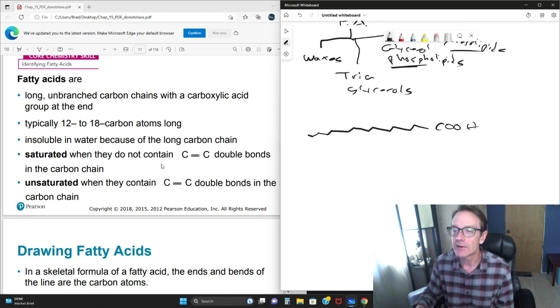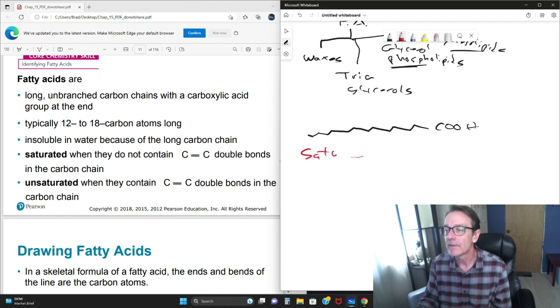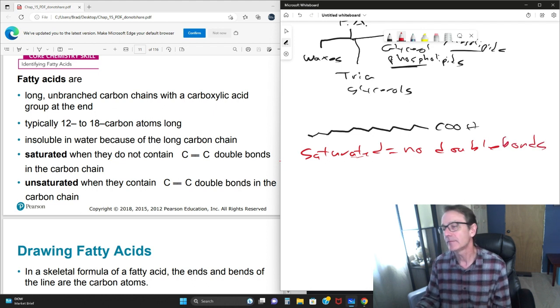If they are saturated, none of these bonds, none of these carbon-carbon bonds in the tail are double bonds. Okay, they are saturated. Okay, and those are bad bonds.